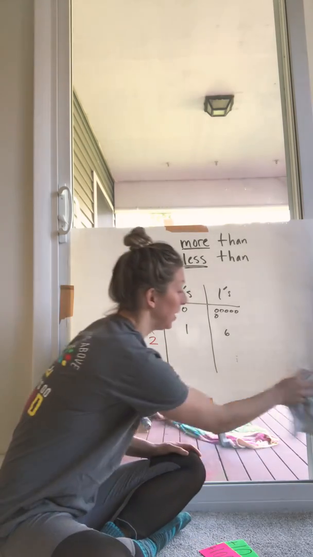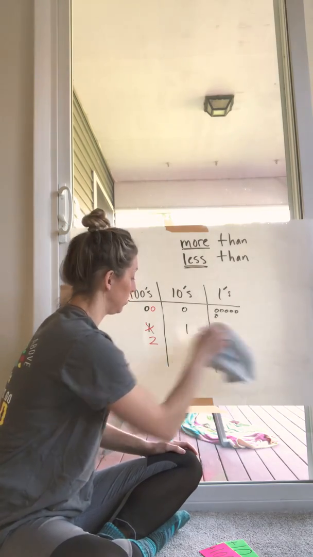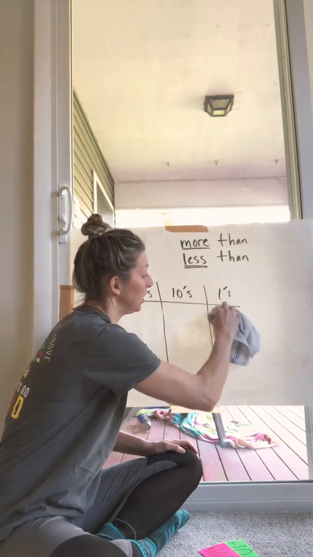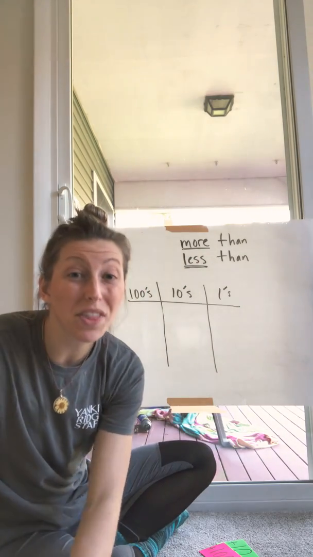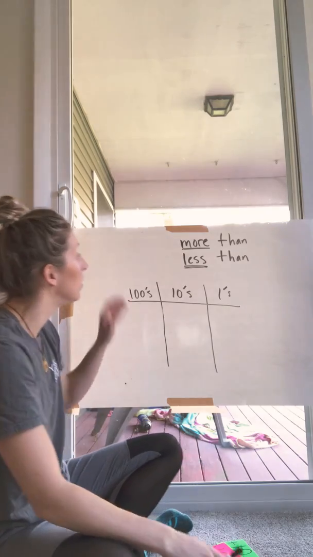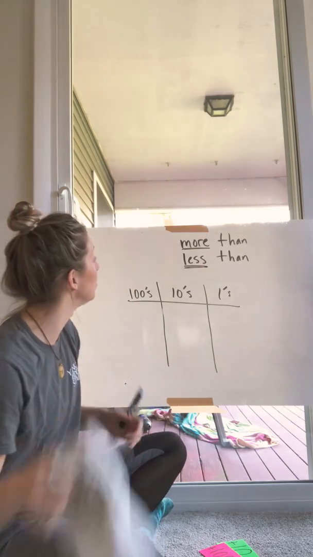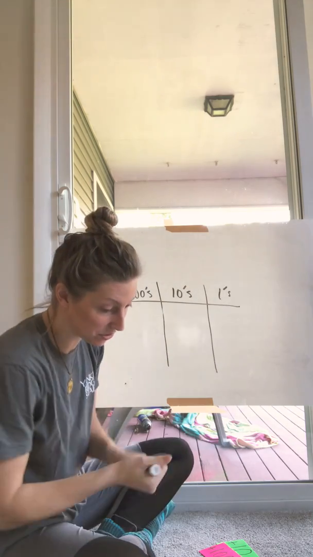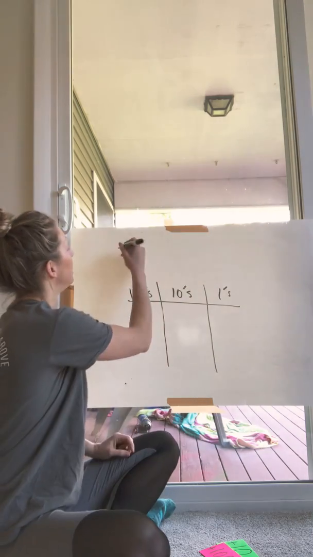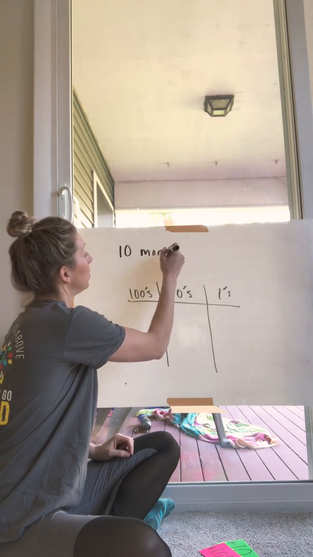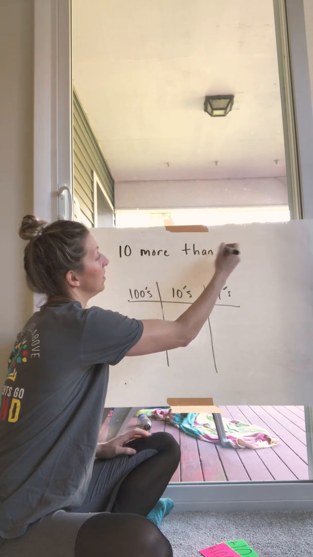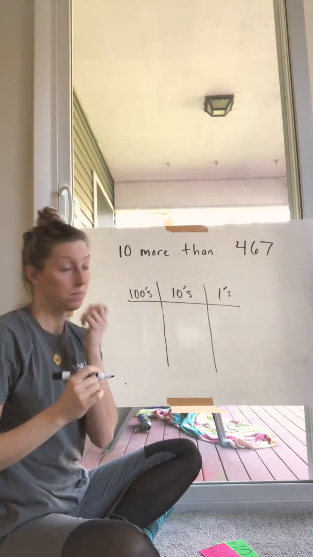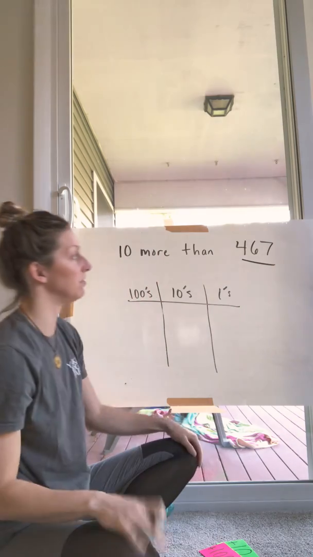Okay, I'm going to put up a couple of examples using our key phrases more than and less than. Here's my first one. Actually, I'm going to erase this. Our first problem is going to be 10 more than 467. Go. 10 more than 467.